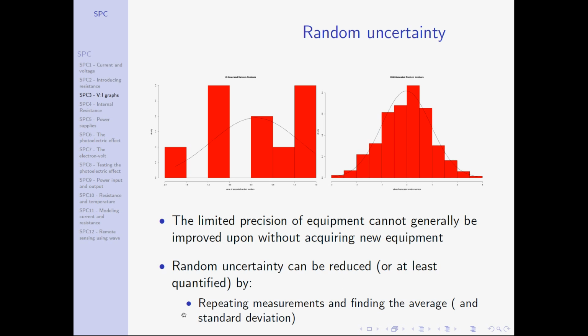And if any of you have done this in stats, the standard deviation can also be seen to be much broader on the left graph than it is on the right graph. So on the right graph, these many measurements allow us to narrow down the standard deviation compared to what it is on the left. And so not only can we say we think the mean value is this, so we think the resistance has this value, we can say, well, there is a bit of variance, and so there's a bit of uncertainty.